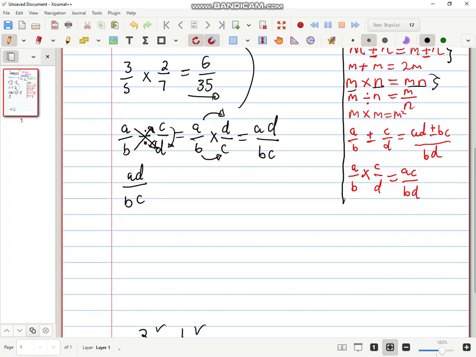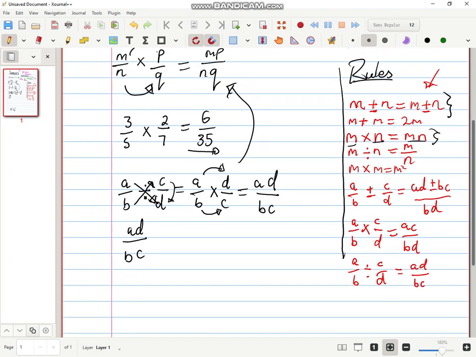So to add into our laws again, you know you have a over b divided by c over d is going to be ad all over bc, right? So please revise these laws, make sure you remember them, because they're going to be very important when you do mathematics in general.